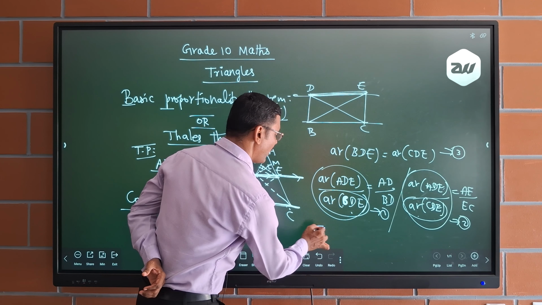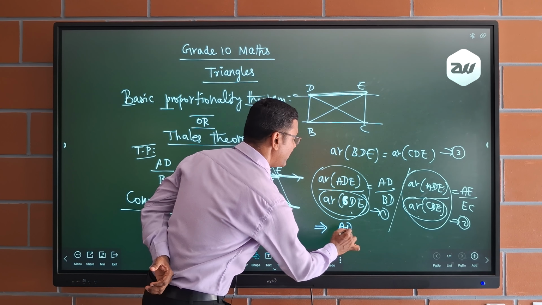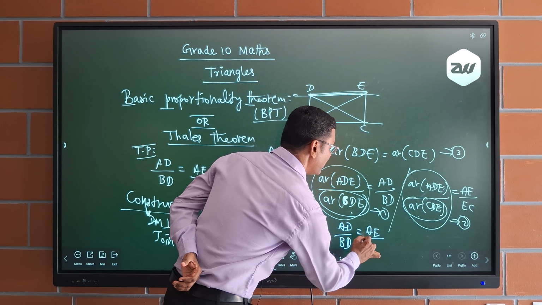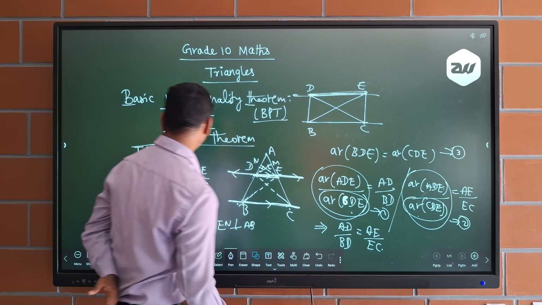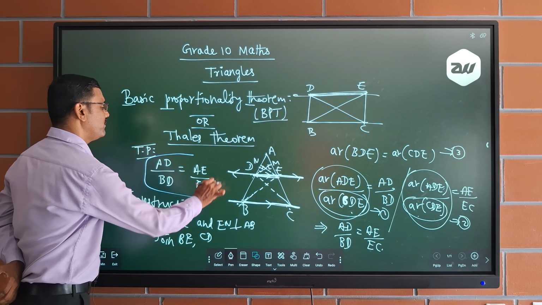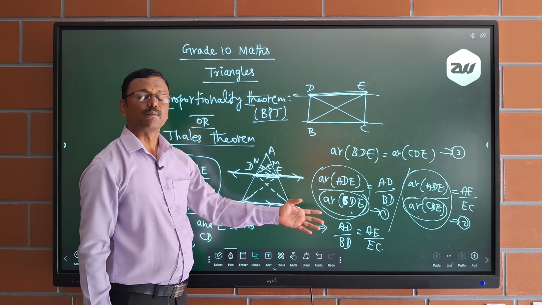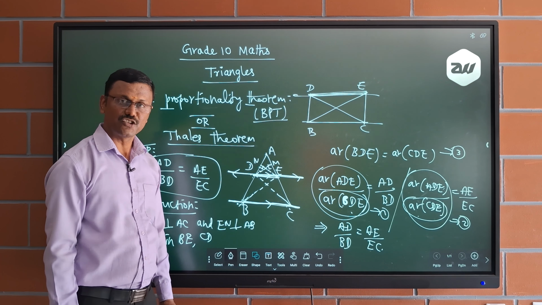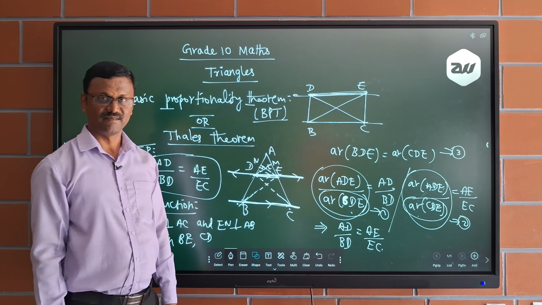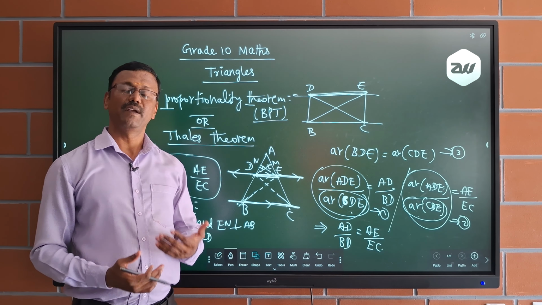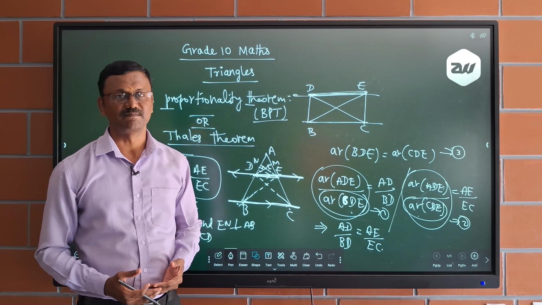Therefore at last what I get is AD by BD is equal to AE by EC. So this is what our proof is. Understood? AD by BD equal to AE by EC. So this is what the basic proportionality theorem says. Understood? Okay. We will meet in the next class, on basic proportionality theorem based sums. Okay. Thank you.